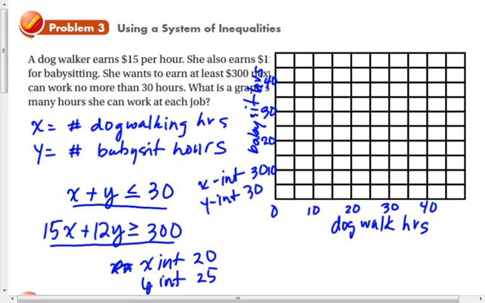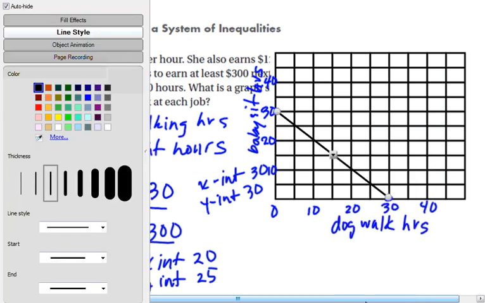All right, and so then let's put on the x and the y-intercept for the first equation, and those are 30. And it's less than or equal to 30, so we need a solid line here. Let's make that line a little thicker so we can really see it. Maybe change the colors here. All right, so we got that.